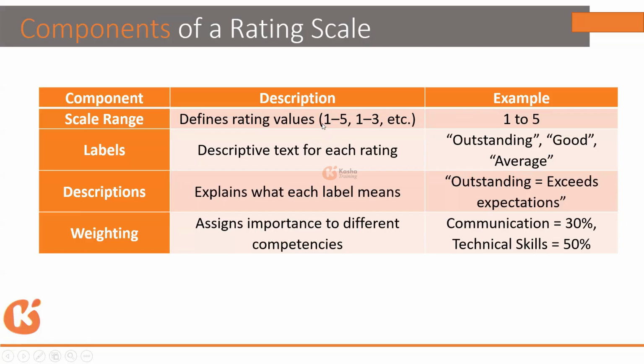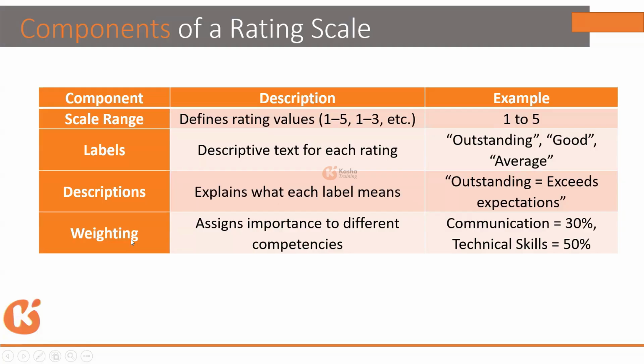With each rating you give, you have to write a label like outstanding, good, average. Apart from the label, you also have to write a description. When you're writing outstanding, there has to be some description; when selecting good, some description; when selecting average, some description.